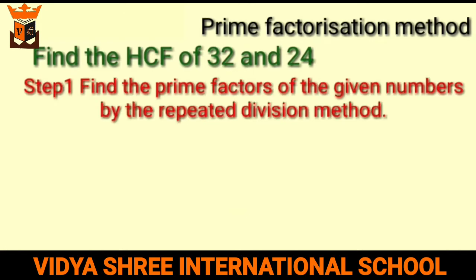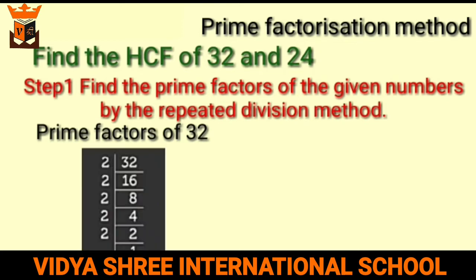In step 1, we will find the prime factors of the given numbers by the repeated division method. First of all, we will find the prime factors of 32. Begin with the smallest prime number 2. Divide 32 by 2, we get 16. On dividing 16 by 2, we get 8.